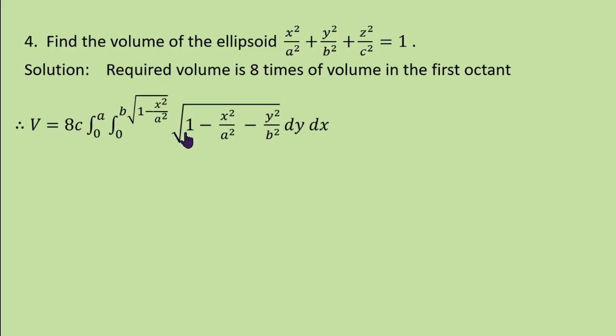Now, 1 minus x square by a square is constant when you are integrating with respect to y. Assume that 1 minus x square by a square is capital A whole square.